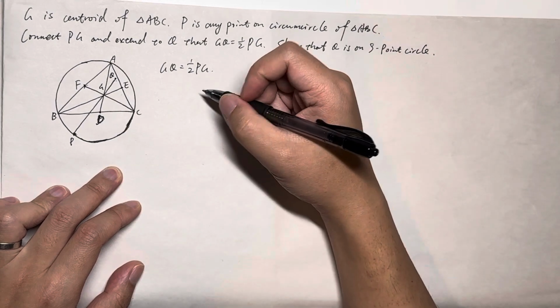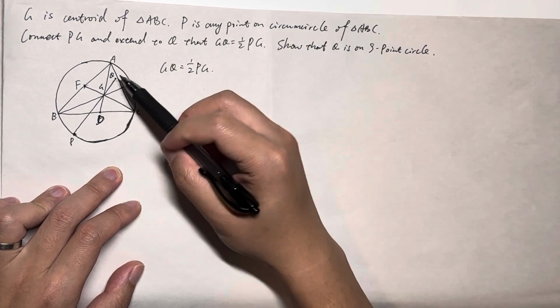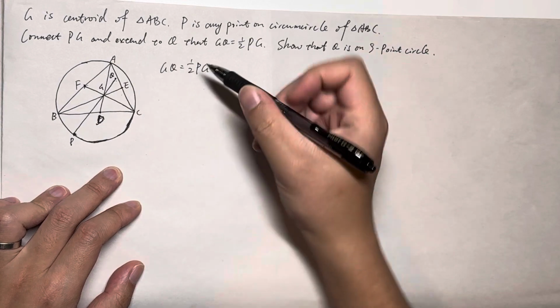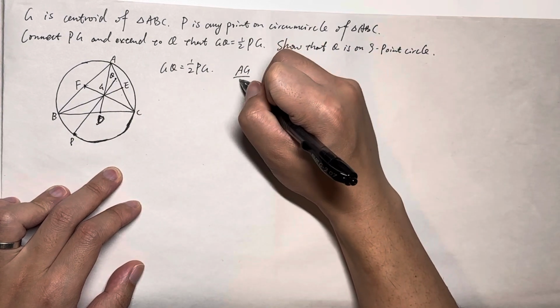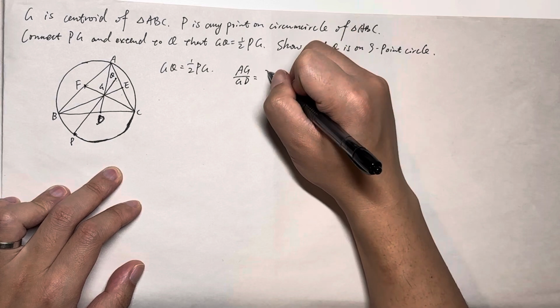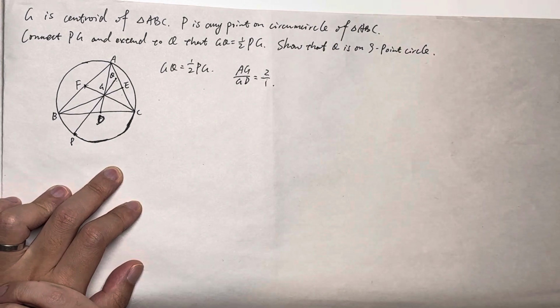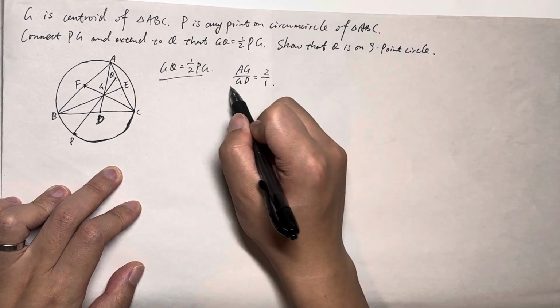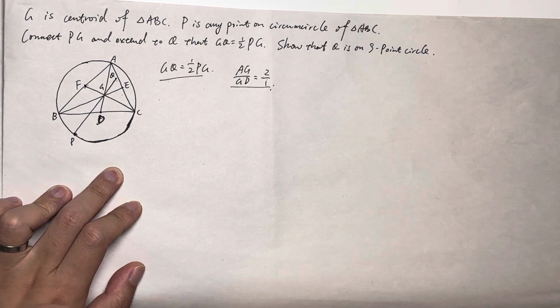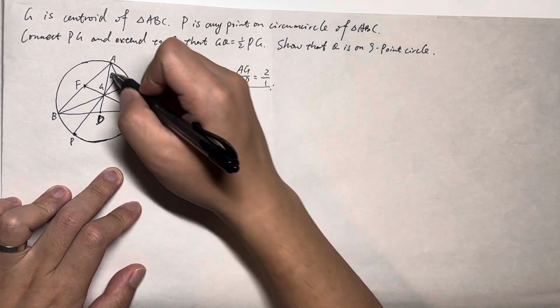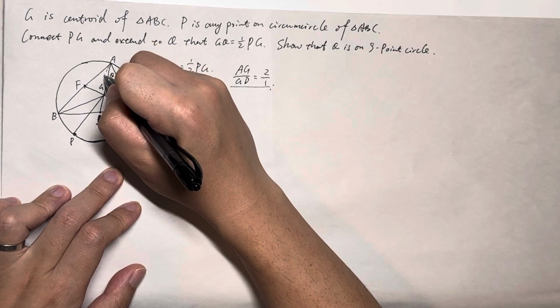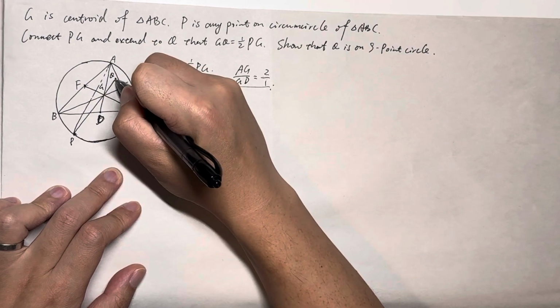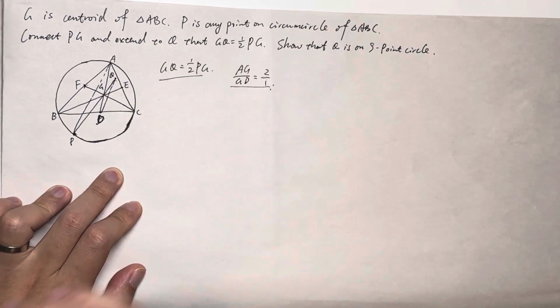And because G is the centroid of triangle ABC, we already know that AG to GD is 2 to 1. Look at these two. It basically tells us to connect AP and QD.